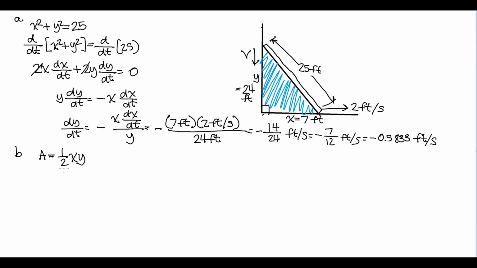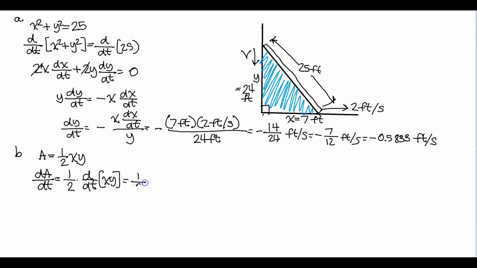Okay? And now we have to take the derivative with respect to t. So we have dA/dt equals, take the derivative. I'm going to pull out the 1/2 over here just so it doesn't get cluttered in the derivative.